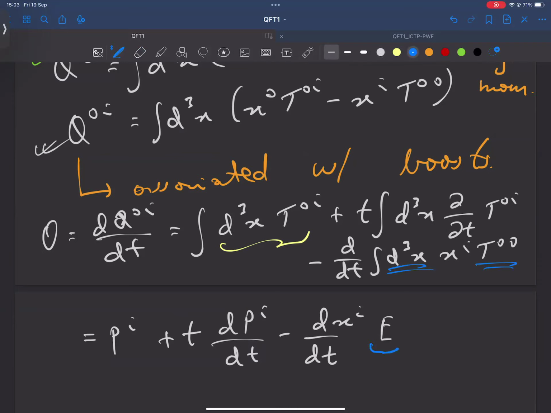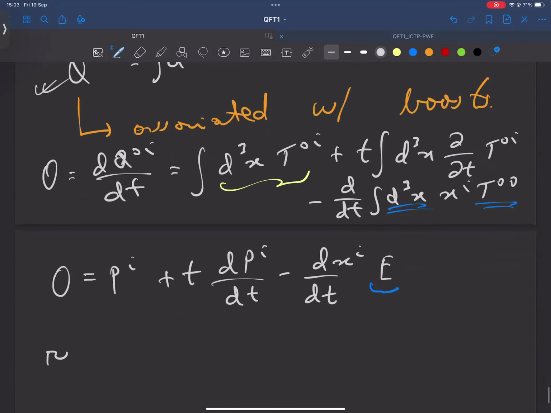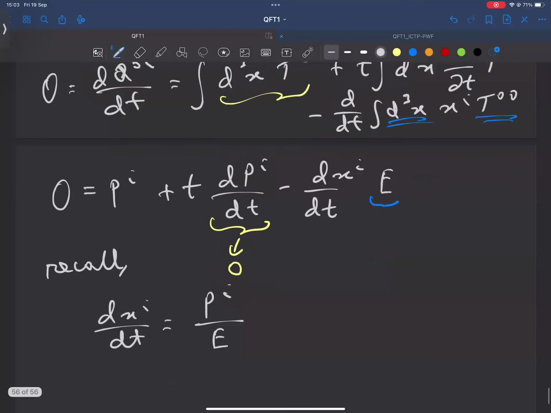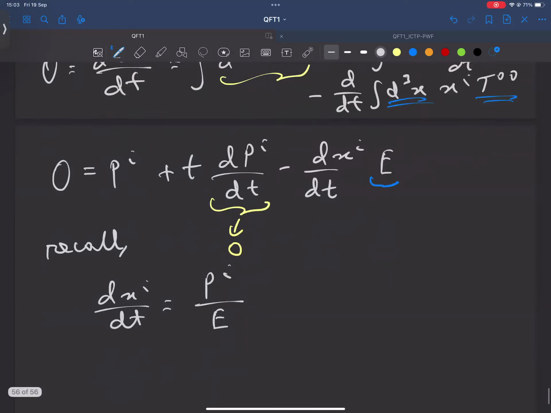So that's the energy, and that whole thing is 0. Now recall that since linear momentum was conserved, this is already 0. So that means we get dx^i/dt as P^i over E, where E is the total energy and P^i are the components of momentum.